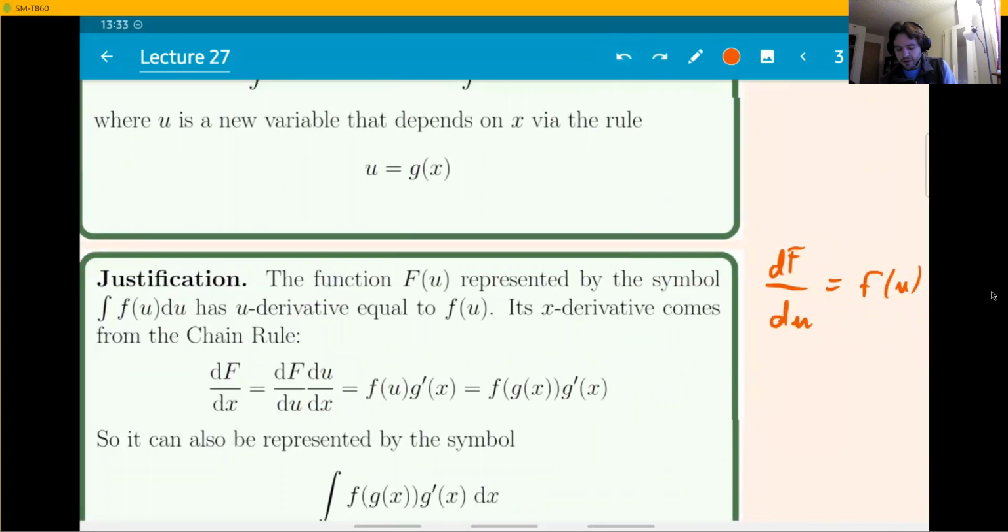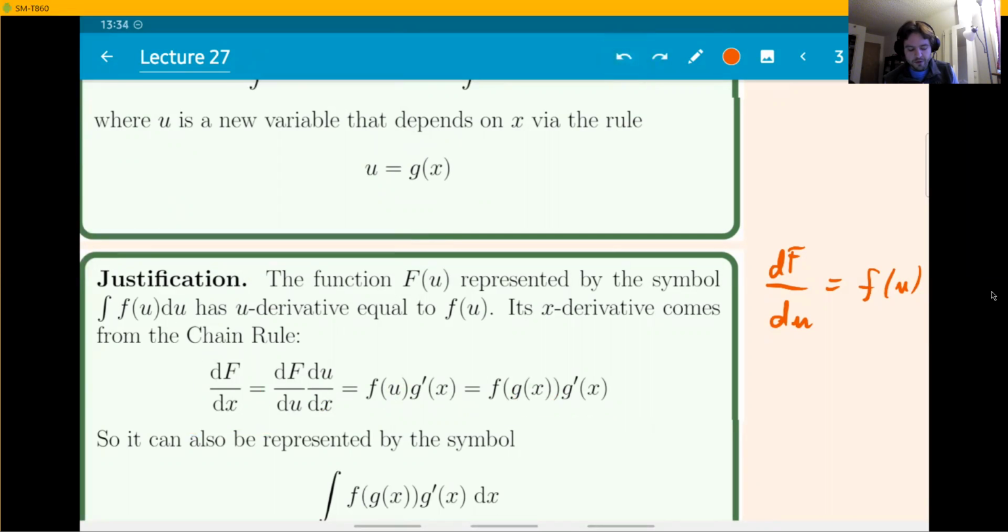This is a little f right here. And du/dx, what is that? Well, the definition of the variable u is right here. It's the function g of x. So I'm going to write that as g prime of x. And finally, I'm going to replace this little u with g of x once again. That's the x derivative of the function big F.